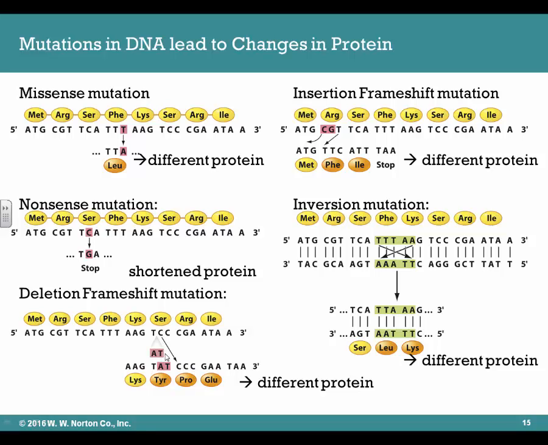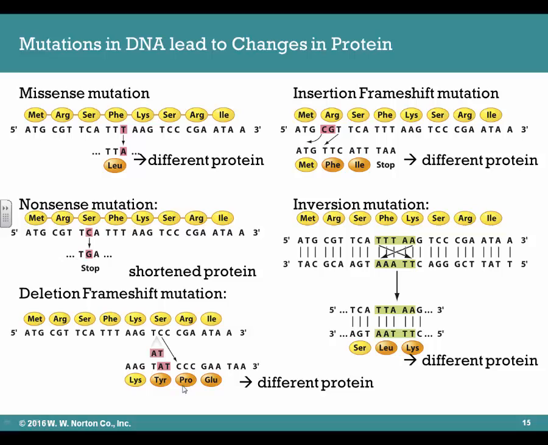And that leads to a shift in the reading frame. So the triplet code, all of a sudden, when one triplet, instead of having 3 bases in its place, has only 2, it starts reading the third base that should be there from the next part of the DNA sequence.